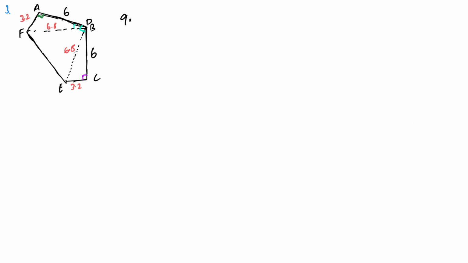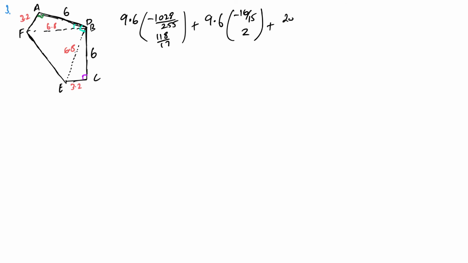So in the order I did them, we've got 9.6 and minus 1028 over 255, and the y was 118 over 17, plus 9.6, this was minus 16 over 15 and 2, plus, now we've got 20.4 times 2, because it's twice the area, and it's minus 10 over 3 and 4. And of course it's going to equal 60 x bar, y bar.